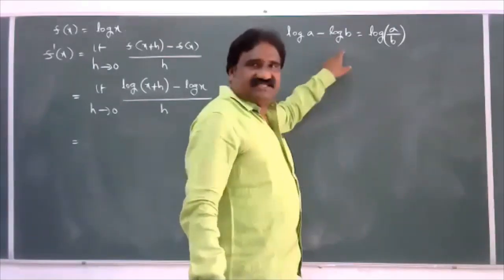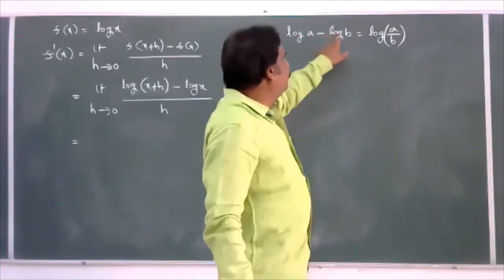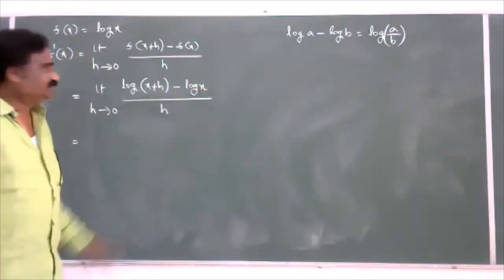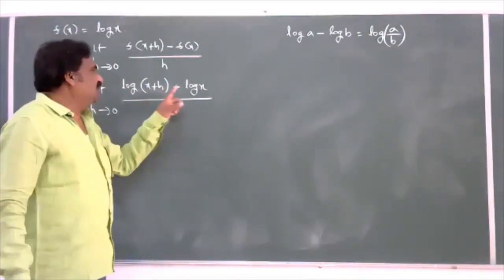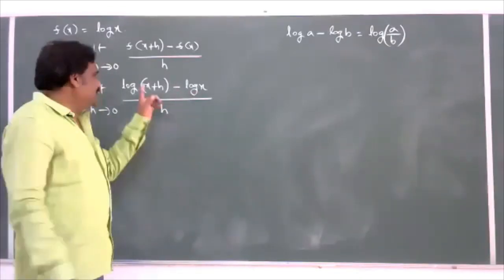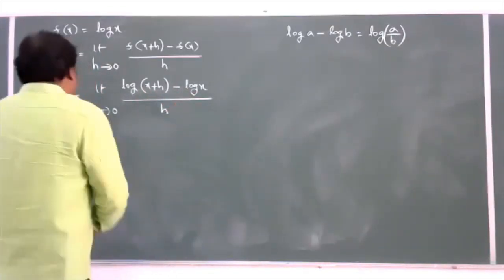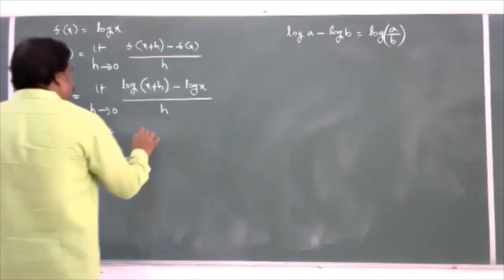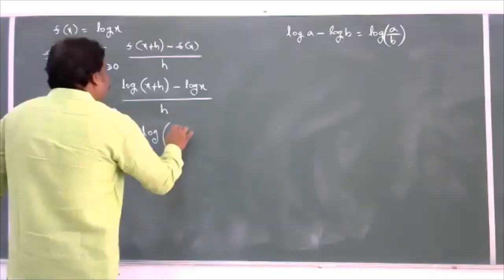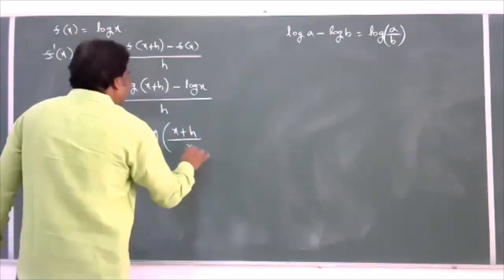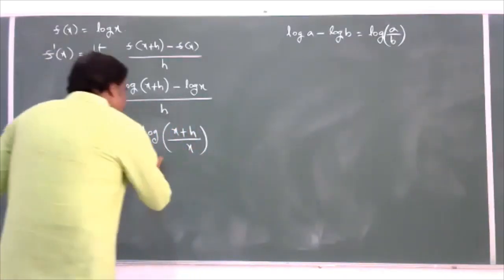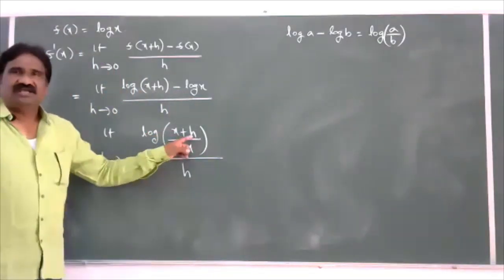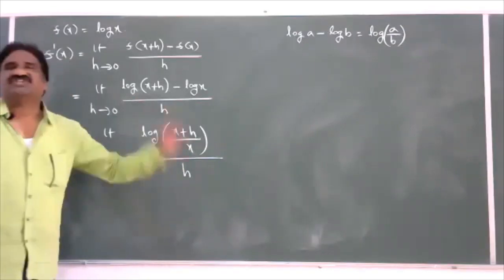Here also, using that formula, log of x plus h minus log x, that is log a minus log b, that is log a by b, that is limit h tends to 0, log of x plus h by x, by h.